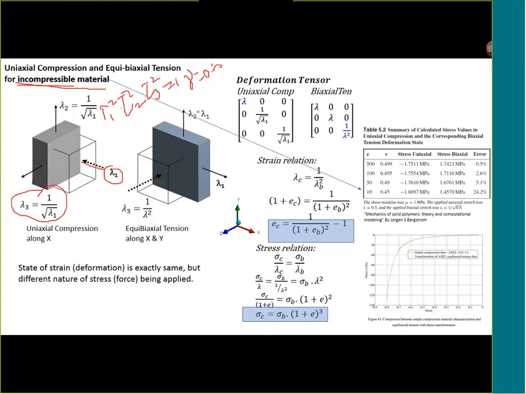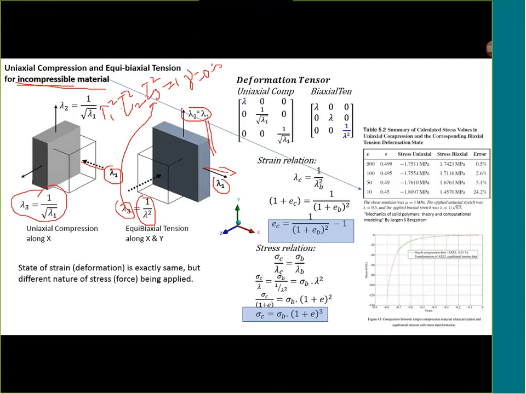Same way, when you have a biaxial tension, this is stretched in this direction by lambda 1. This being a biaxial tension, lambda 2 is also going to be the same amount. These two are equal. Once we know these two are equal, putting this in this particular equation, we know that the lateral contraction is nothing but 1 by lambda squared. We can use this relation to get a deformation tensor.